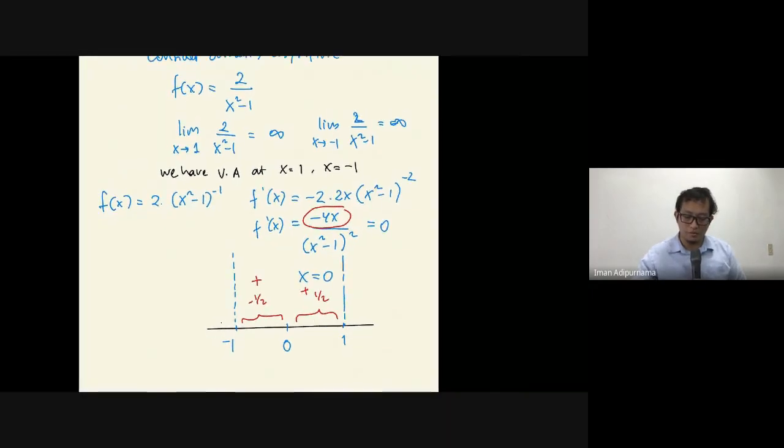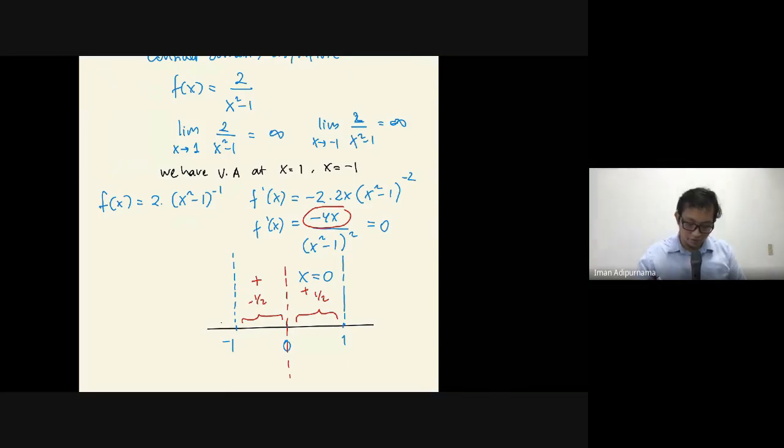So maybe this graph will be increasing like that. But when you plug in zero, let me draw this. When you plug in zero, it will be -2, right?